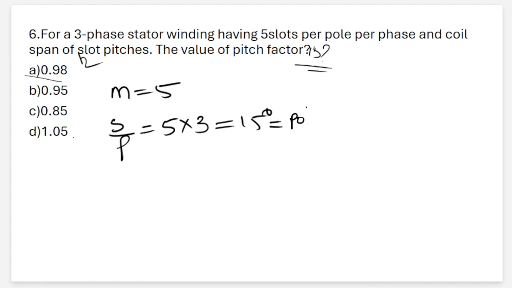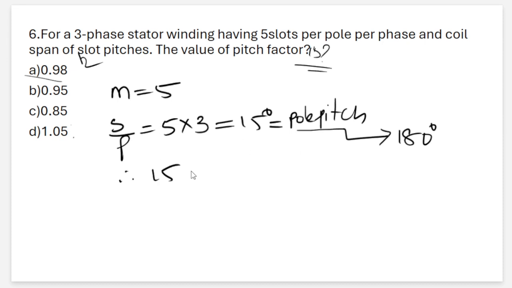Generally, we consider pole pitch equal to 180 degrees. It is equal to 15 slots per pole. So, 15 slots is equal to 180 degrees. Then, 1 slot is equal to how many degrees?